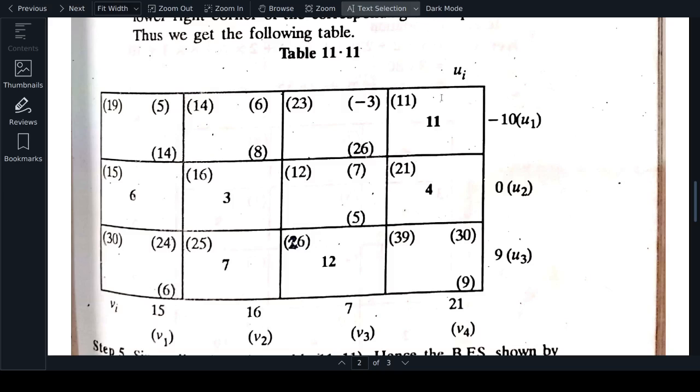Next, U1 equals 11 minus V4. Substituting V4 as 21, we get minus 10. U3 equals 25 minus V2, substituting V2, we get 9. And V3 is 16 minus U3, so we get 7. Is this calculation clear or not? All U1, U2, U3, V1, V2, V3, V4.